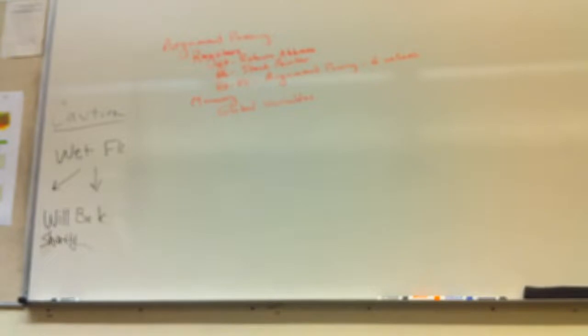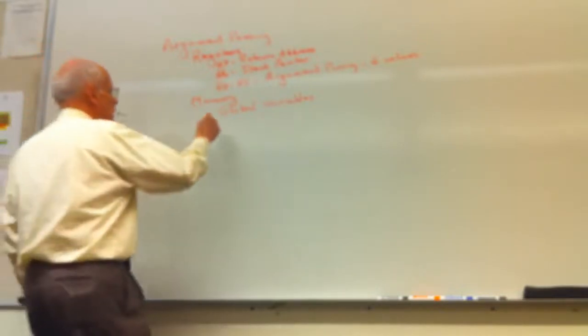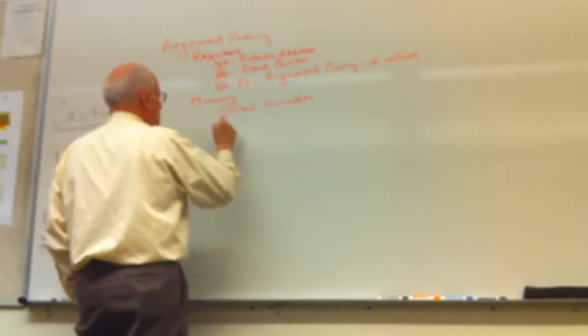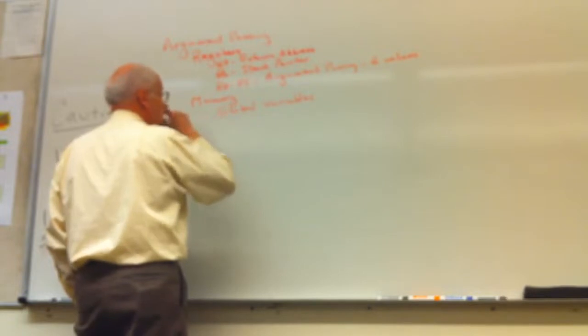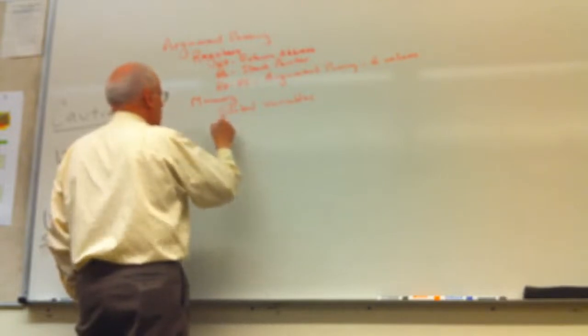Now, there are some other ways that you can use memory. That is that you can have, let's see, I'm going to try and write a little bit of code to do this.